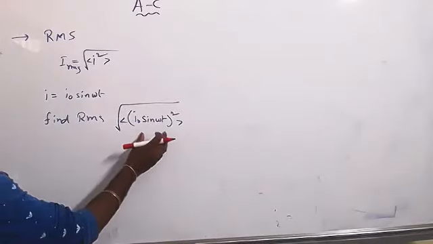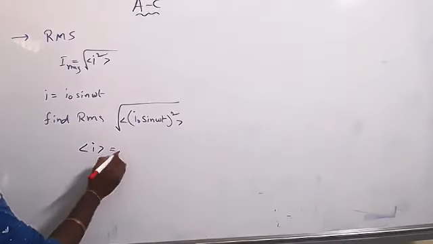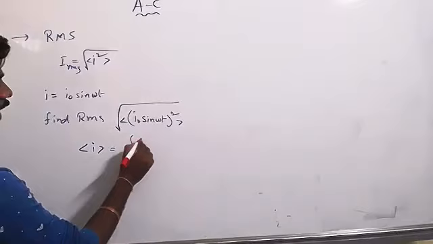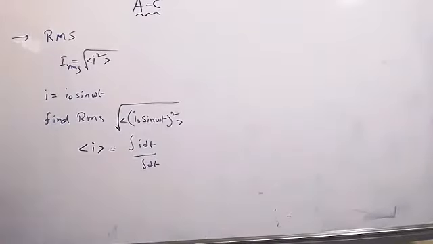So how to do mean? If I want the mean of I, I have to do integration I dt by integration dt. That is nothing but the mean value for any function.